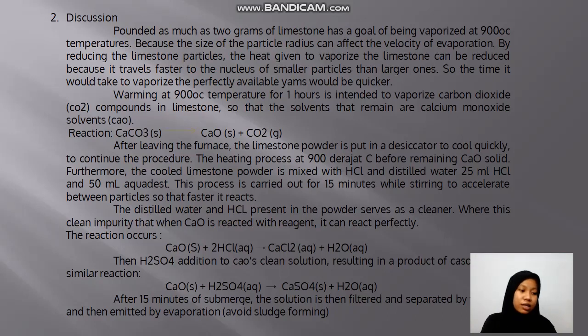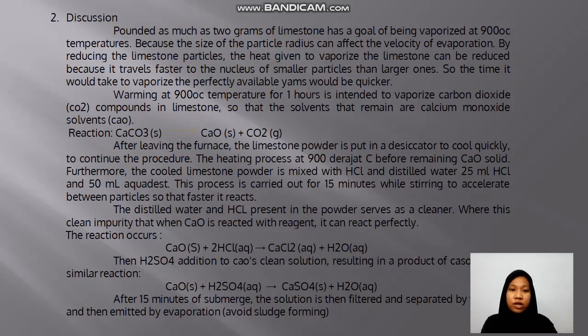Heating at 900 degrees centigrade for 1 hour is intended to vaporize the carbon dioxide compound in limestone so that the remaining solid is calcium oxide.